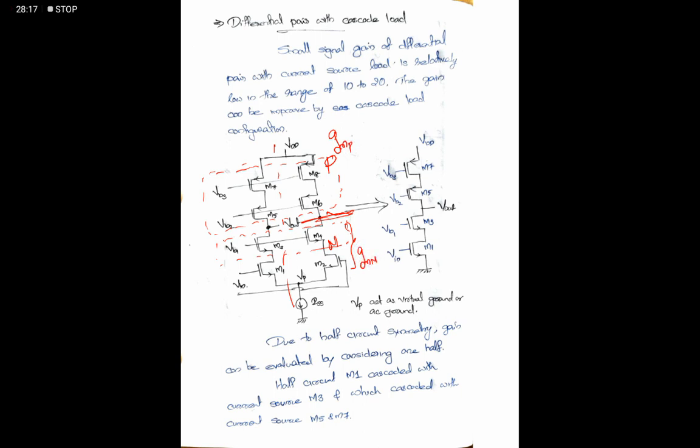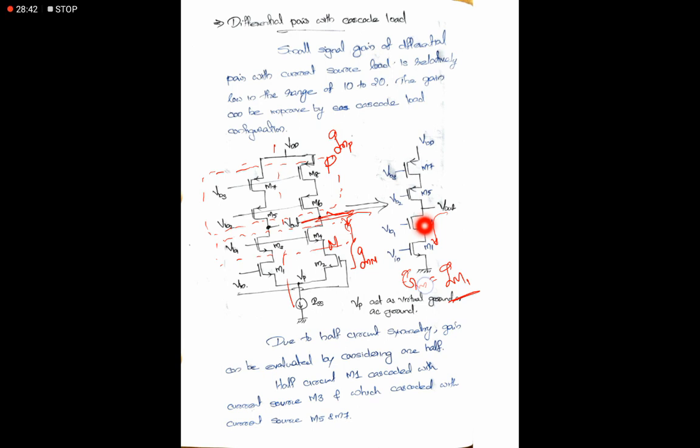And when we look from up to down, or just consider this as our cascoded half circuit, then the effective transconductance GM is nothing but GM1 itself, because only one is connected to the input, and it will provide the current to the remaining configuration.